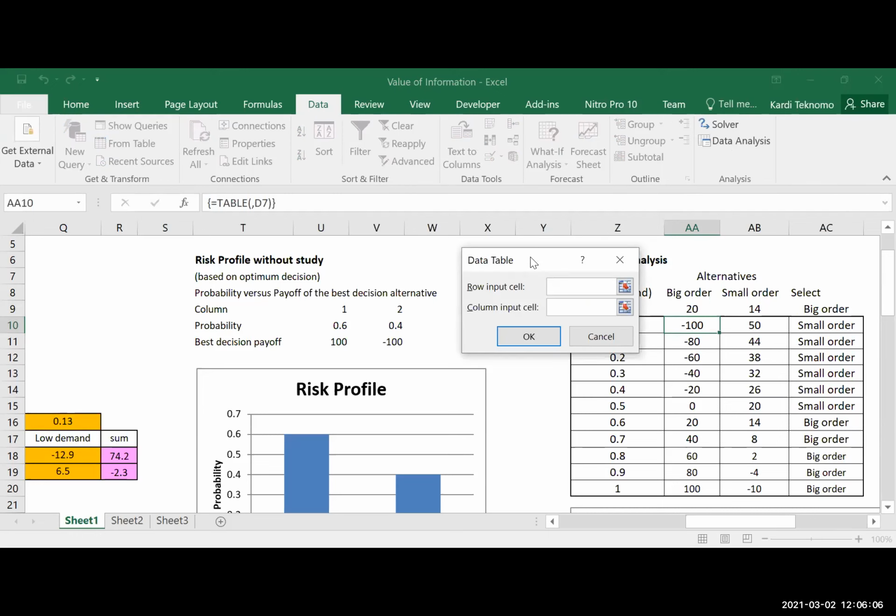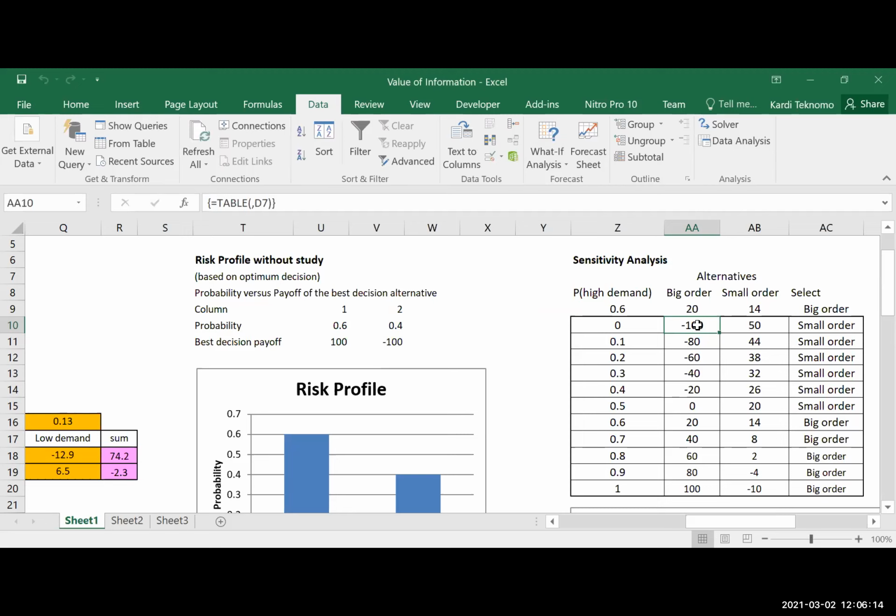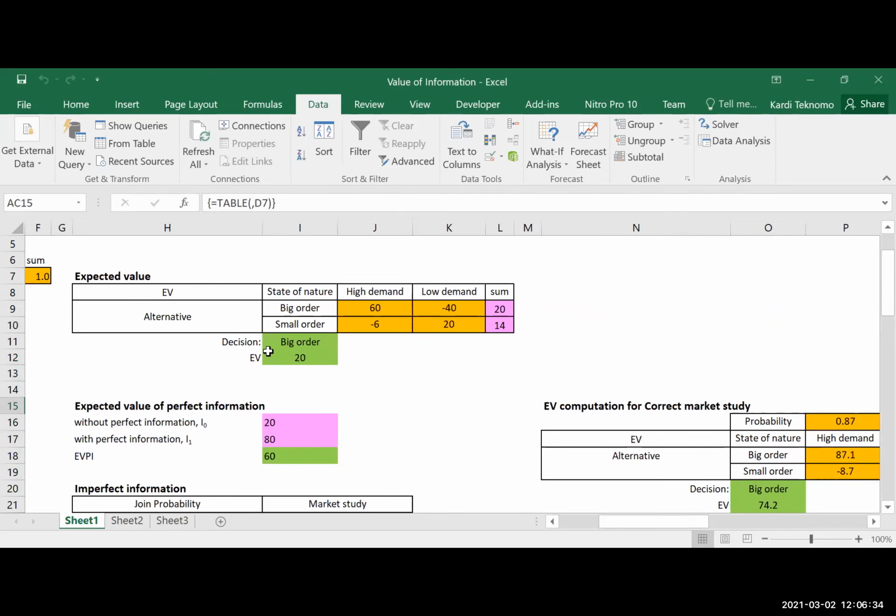You can use this to compute the internal value of your sensitivity analysis. Then from here you simply get what the order is, small order or big order, based on data table again of this decision. Can you see it or not?